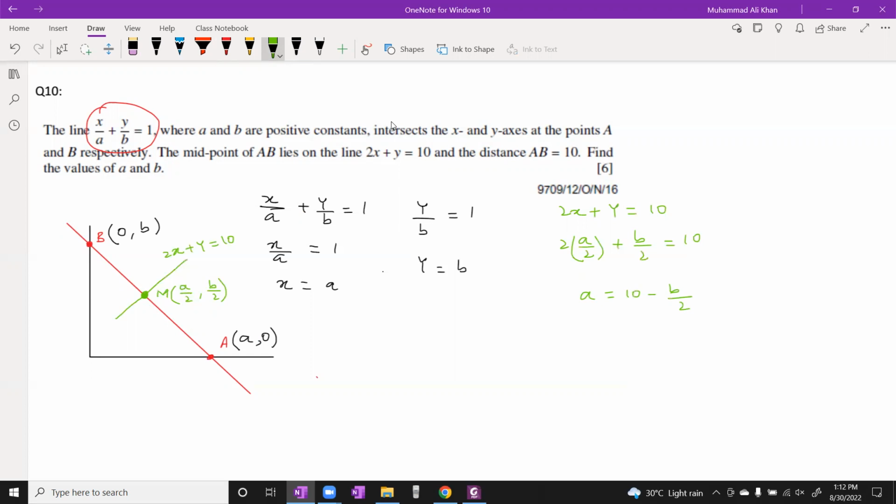उसके लिए हमें क्या कहा गया? AB equals 10, means the distance AB equals 10। अब मैं इस पर working कर रहा हूं by a different color.